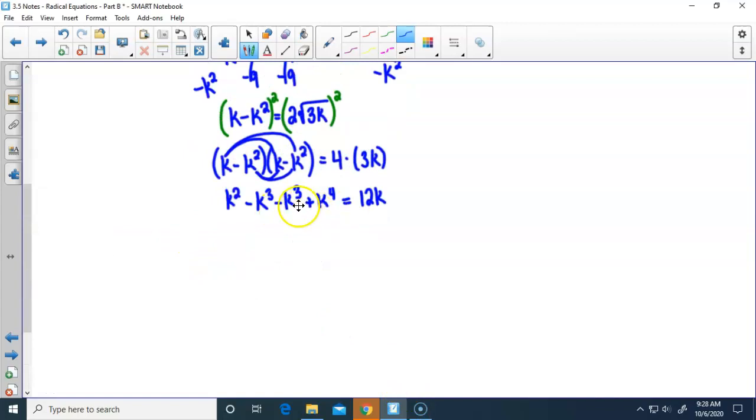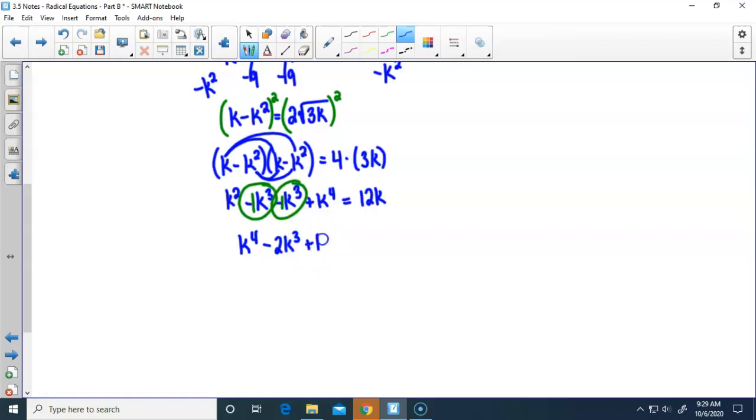Then, if we continue on, I'm going to combine my like terms over here. I'm also going to put this k to the fourth first. Then I've got a negative 1k to the third and another negative 1k to the third, which is going to give you negative 2k to the third when you combine those.